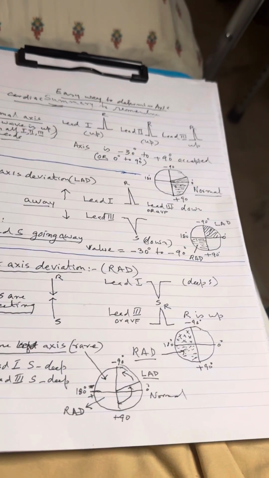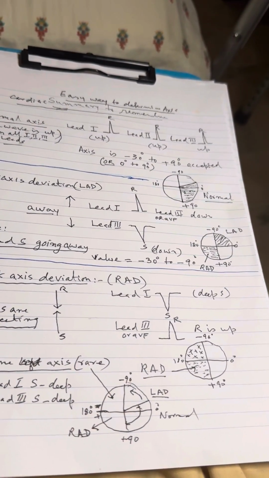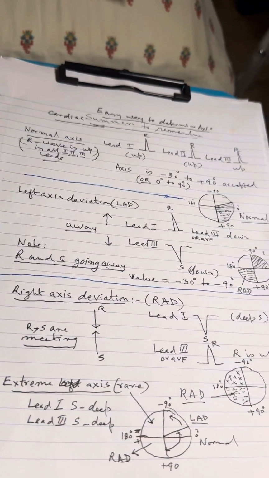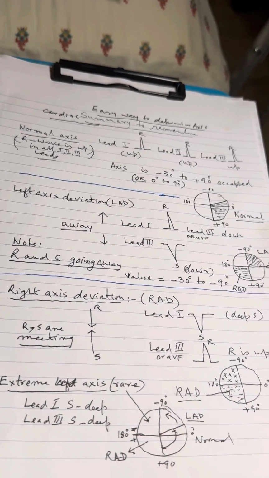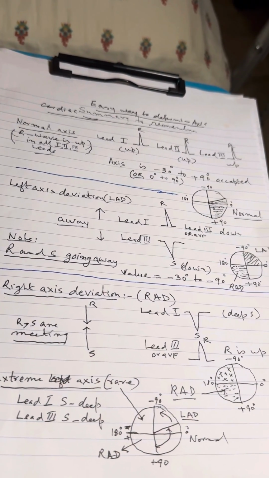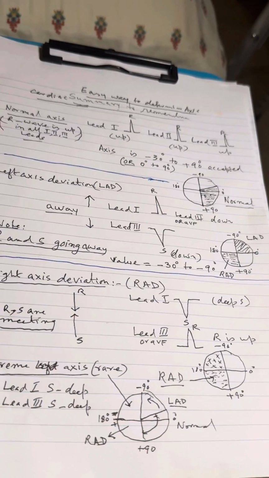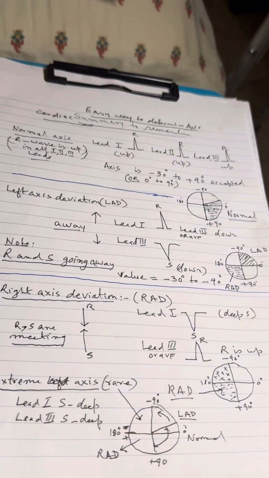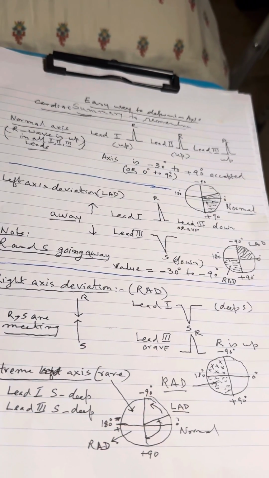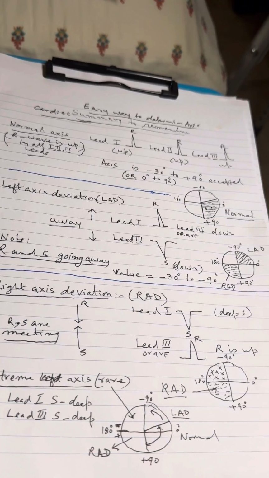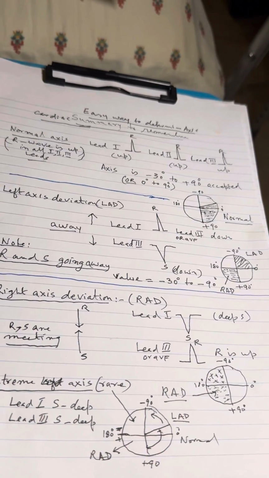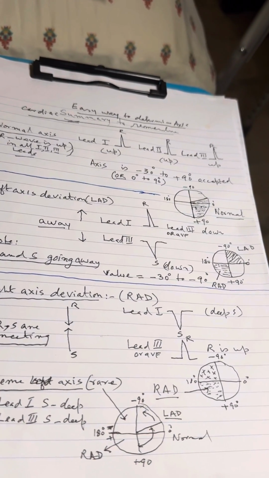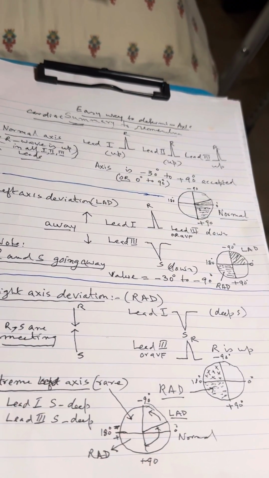And in right axis deviation, the axis lies between 0 and plus 110 degrees. So that is right axis deviation, from 0 to 110, more than normal.